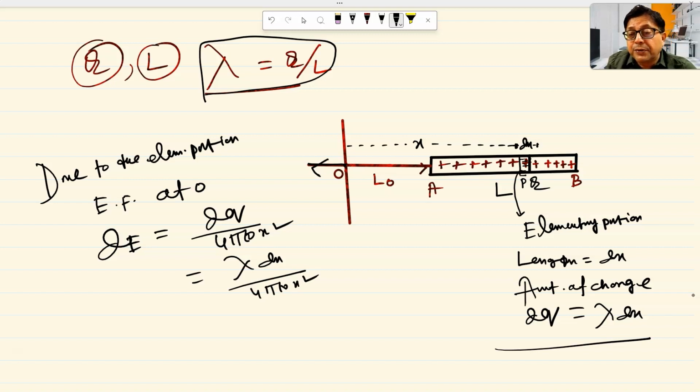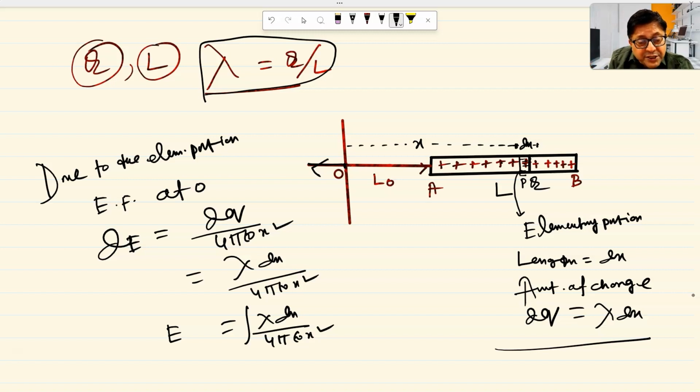Now all these dq will contribute. So to find the strength of electric field at the point O, we need to integrate the expression. E will be the integration of lambda dx by 4 pi epsilon 0 x square. But this wire has finite length, so you should integrate between two limits.